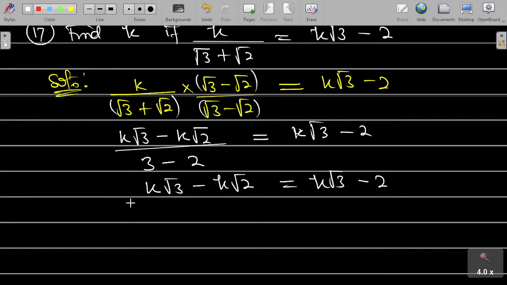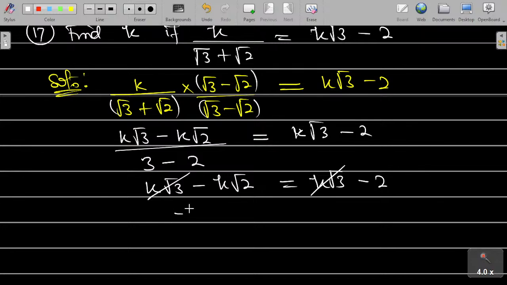Okay, bring this other K to this side, and if you do that, you will have K root 3 minus K. Okay, even without bringing it to that side, we can easily eliminate the two of them, because they are of the same sign and they are on opposite sides of an equation.